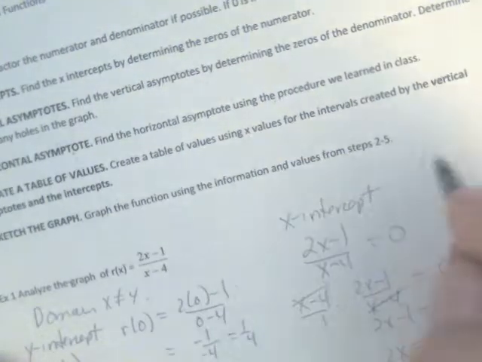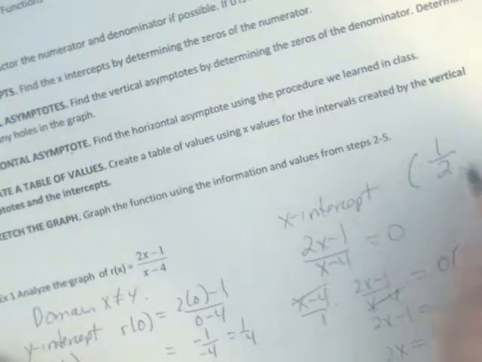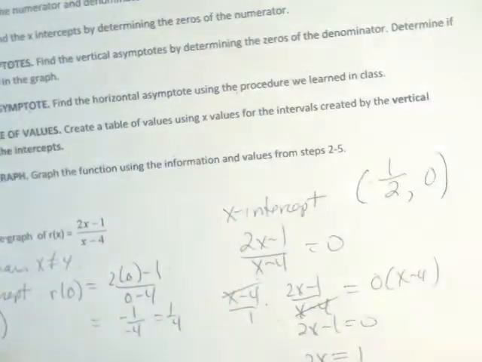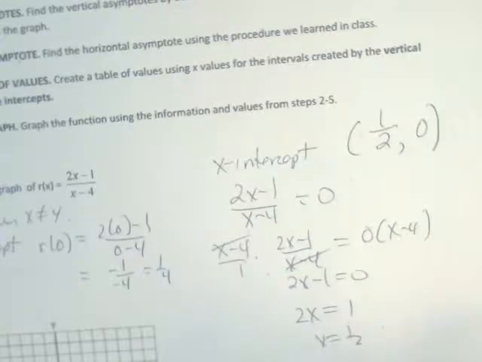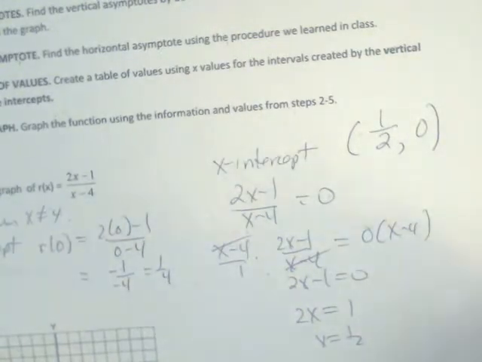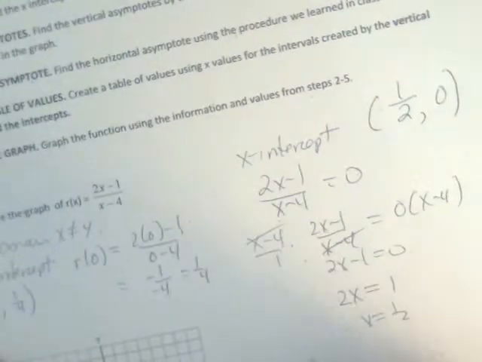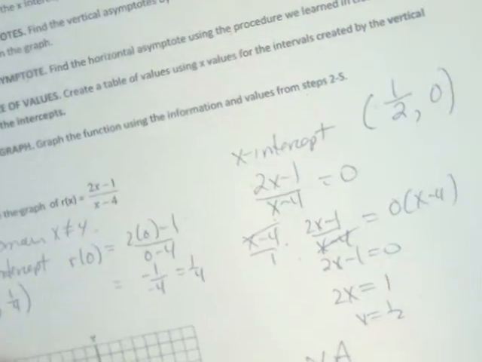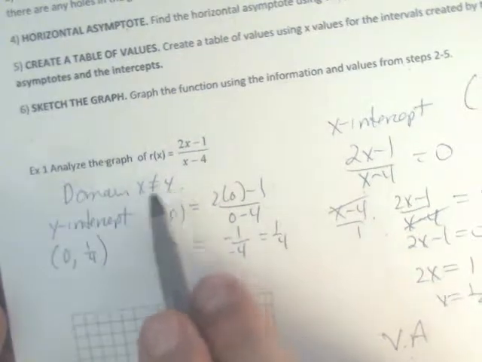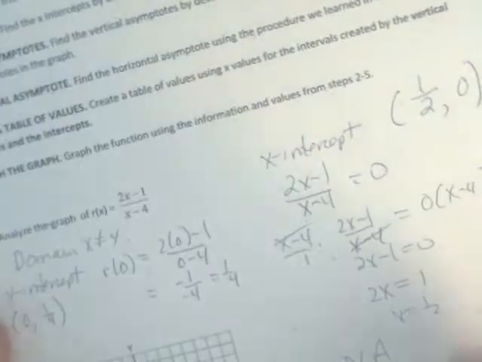X is 1/2. So my x-intercept is (1/2, 0). Vertical asymptote. Well, we kind of already found it when we found the domain.